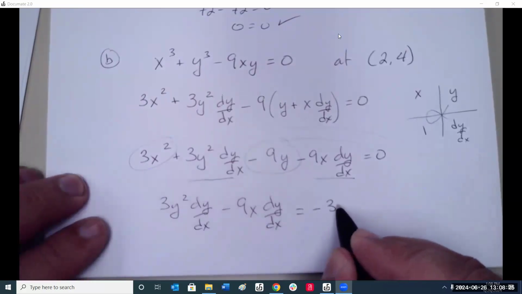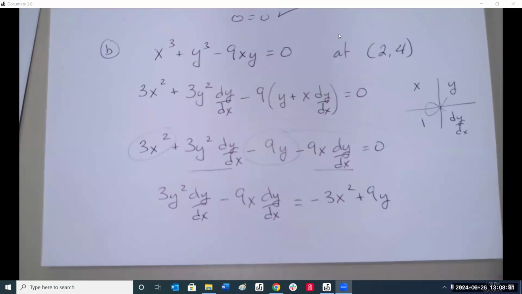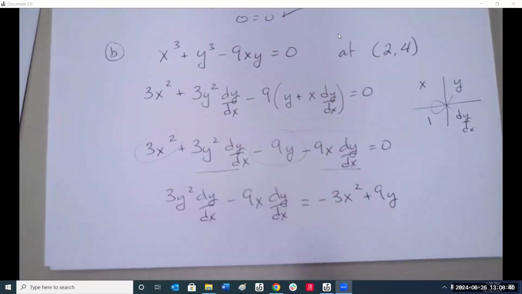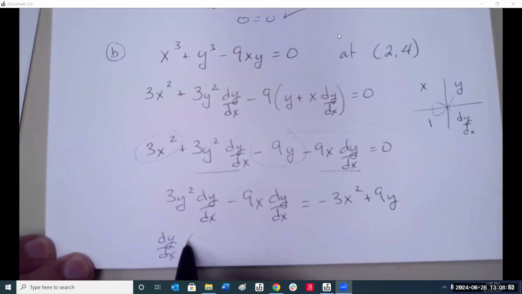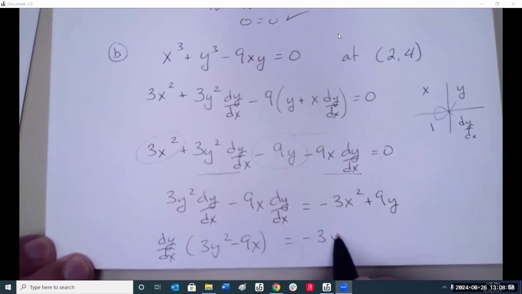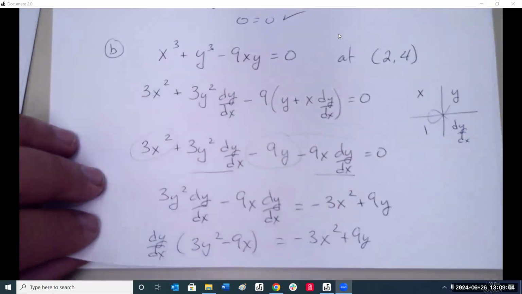So that's going to be negative 3x squared plus 9y. How do we get dy dx by itself? Yep, factor it out. So we get 3y squared minus 9x.